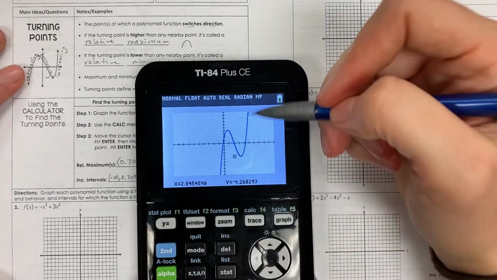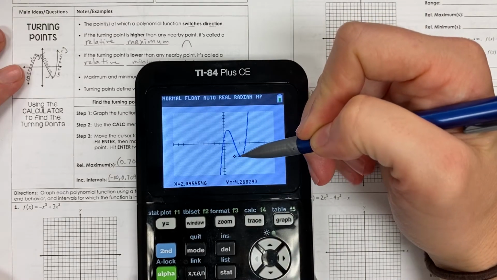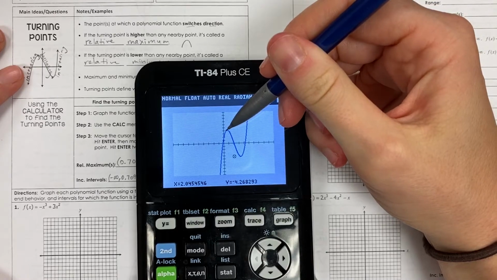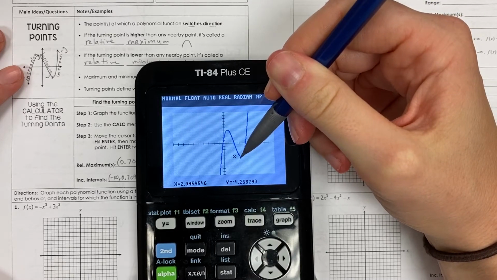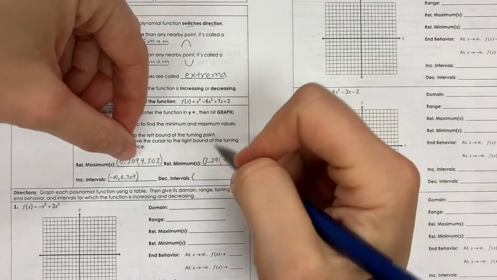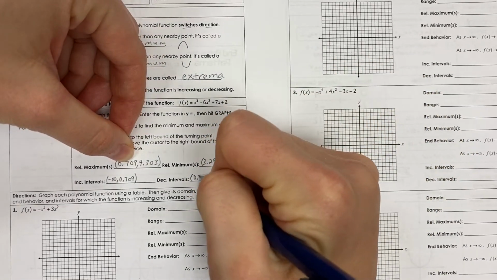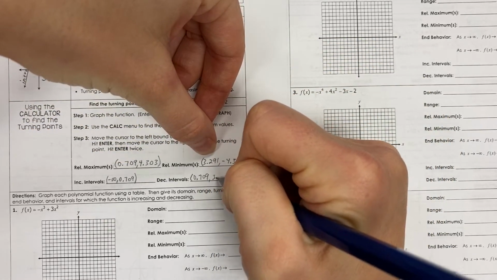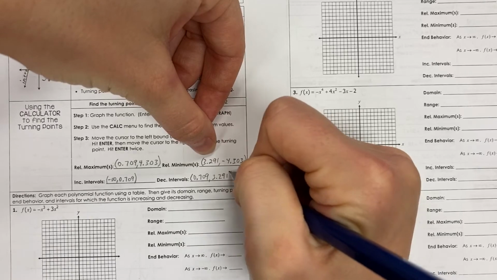Then on this part of the graph, I'm decreasing. So that goes from the x coordinate of my max to the x coordinate of my min. The x coordinate of my max was 0.709. The x coordinate of my min was 3.291.